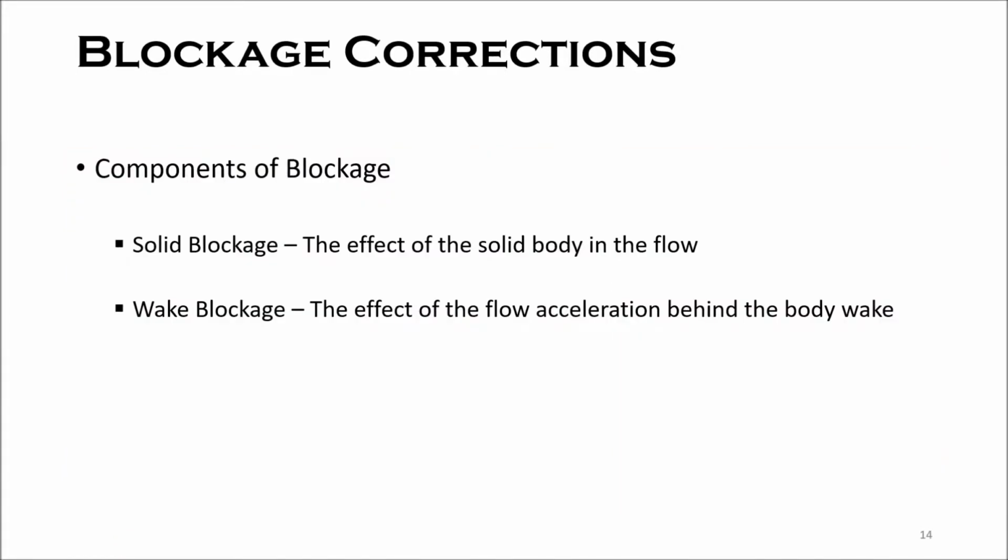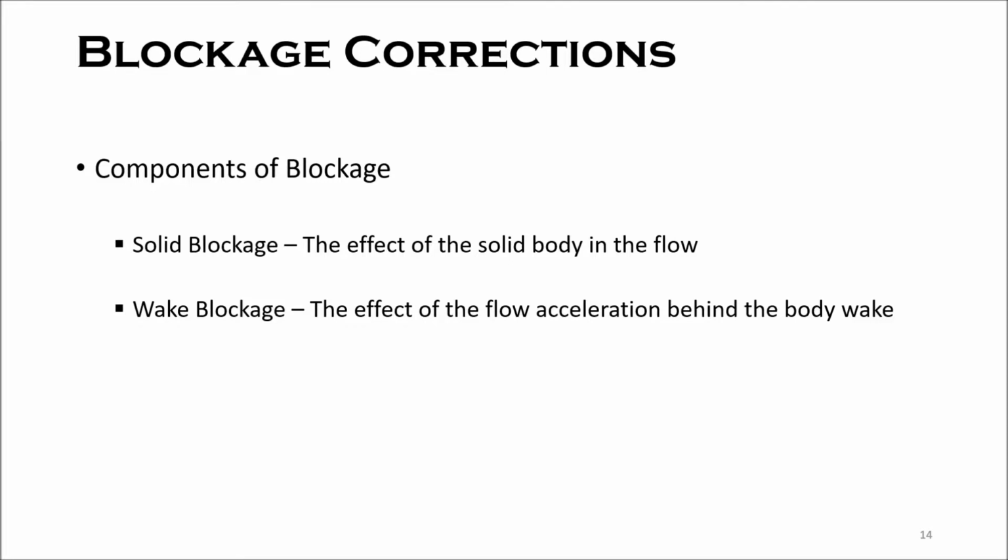The total blockage effect consists of two components: solid blockage, which is the effect produced by the solid body in the flow. It is a function of the volume of the model and the area of the test section. The second is wake blockage. This is the effect of the airflow accelerating as it leaves the wake, which is formed by the departing boundary layer of the model as it leaves the body.